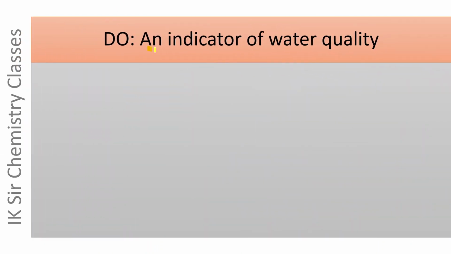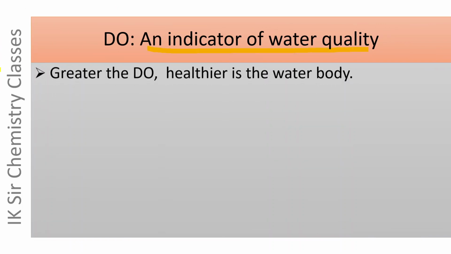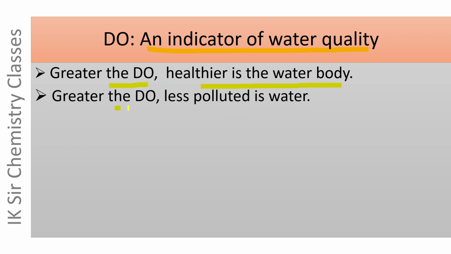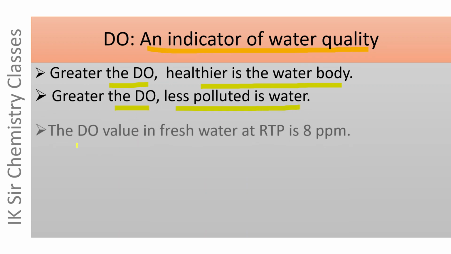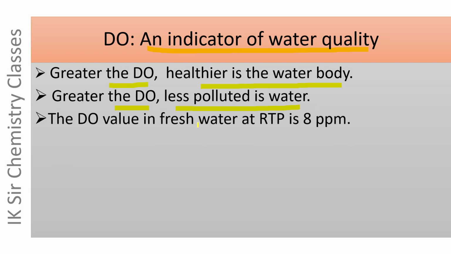DO an indicator of water quality. Greater the DO value, healthier is the water body. Greater the DO value, less polluted is water. The DO value in fresh water at room temperature and pressure is about 8 ppm.